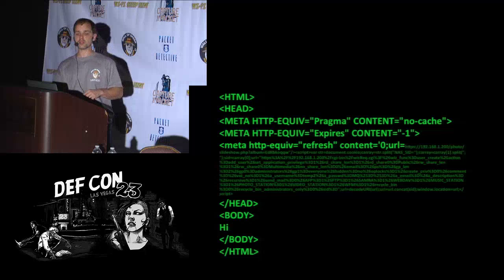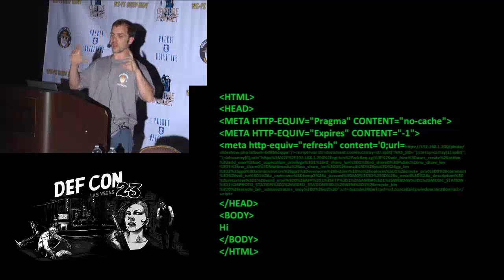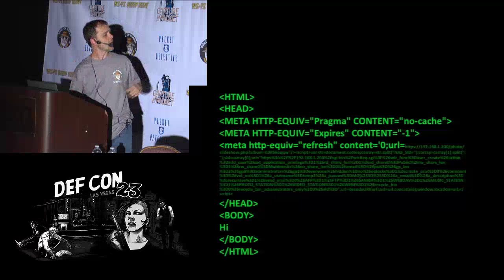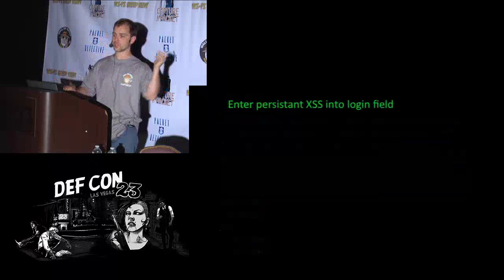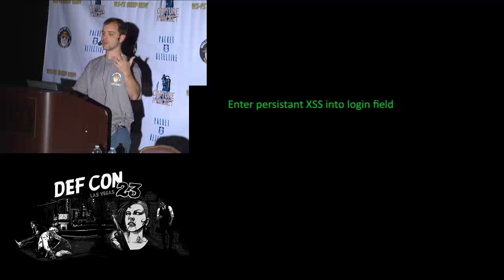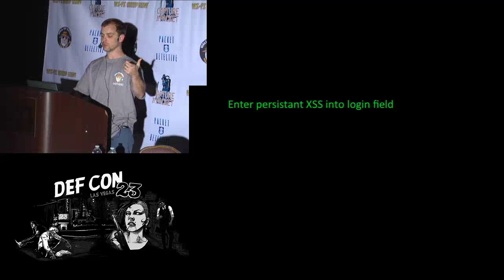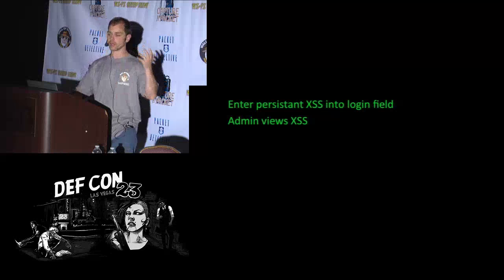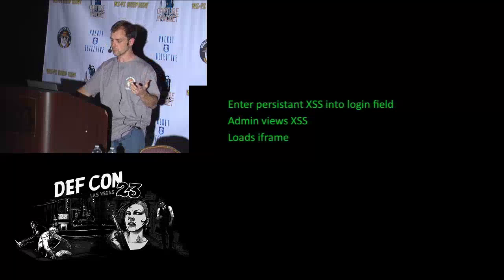So I take that reflective cross-site scripting that will add a user. It's going to parse out the cookie, add a user, and I add it to my web page that is going to be forwarded to. And so the steps look like this. I enter into the administrator field that persistent cross-site scripting into the login field. The admin views the cross-site scripting because it automatically pops up as soon as the admin logs in.